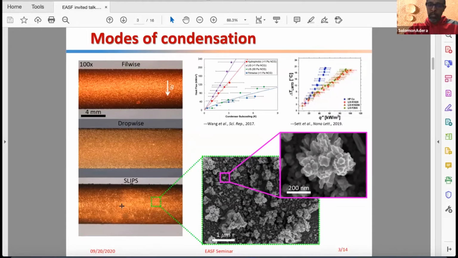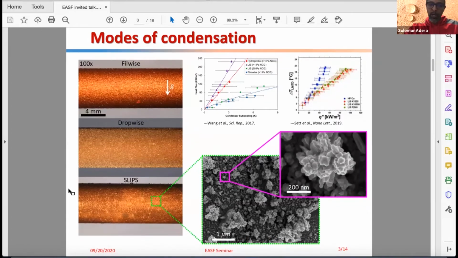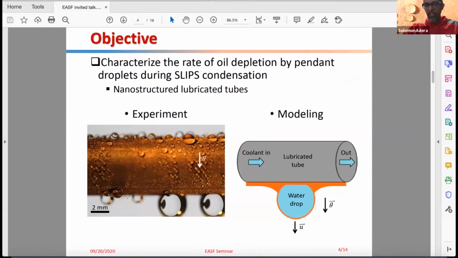Therefore, the objective of this work is to understand how the oil depletion occurs during SLIPS condensation, what the mechanism for the oil depletion is, and whether we can develop a model to better understand the rate of oil depletion from these lubricated surfaces.